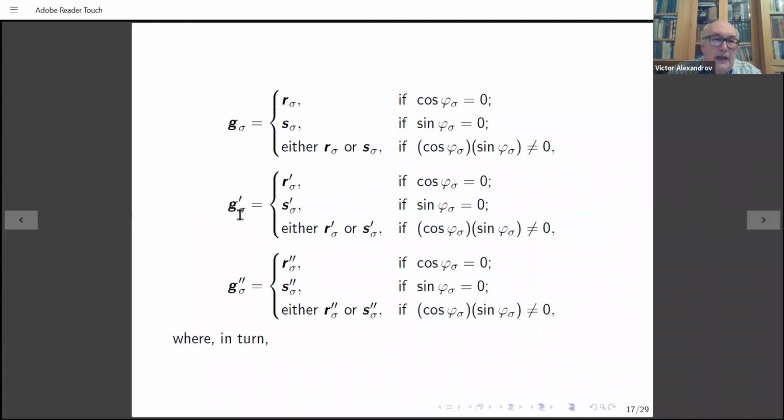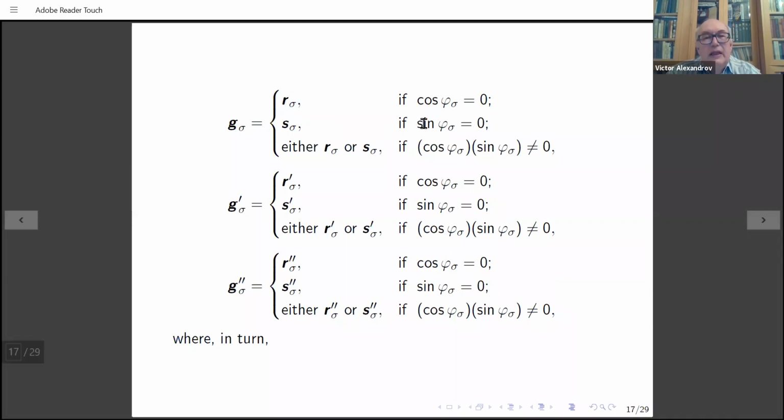Now let me try to explain the structure of this equation. These vectors g sigma, g prime sigma, and g2 prime sigma are defined in terms of 2 more, or 6 more vectors, R sigma, S sigma. In the case when cosine of phi sigma is 0, we should always take R sigma, some particular vector.